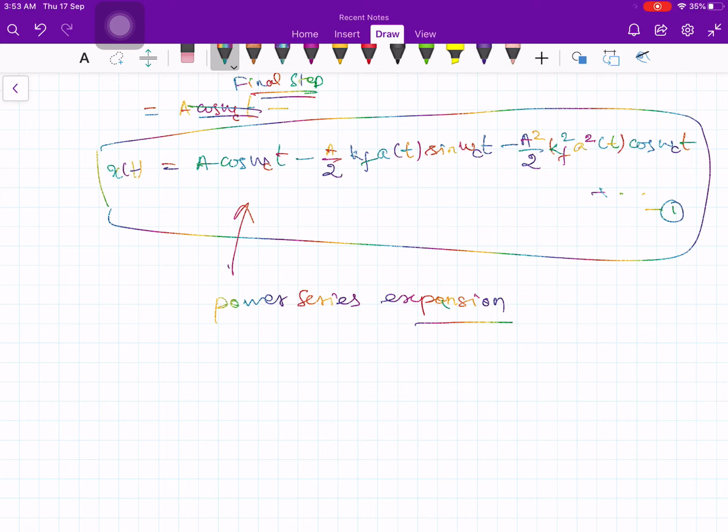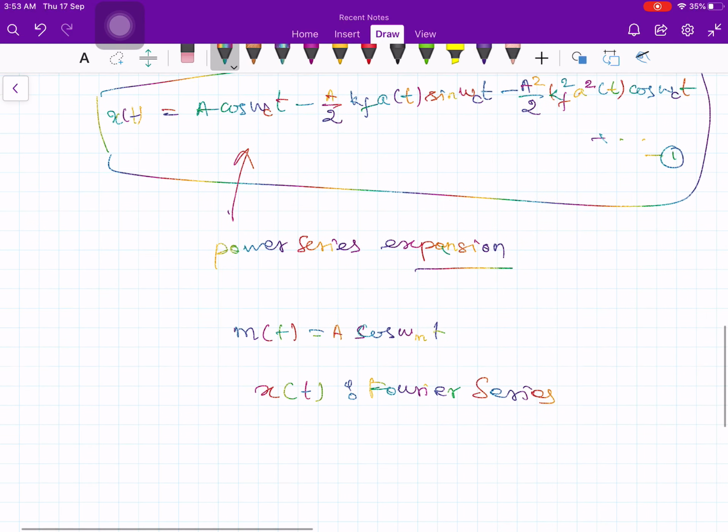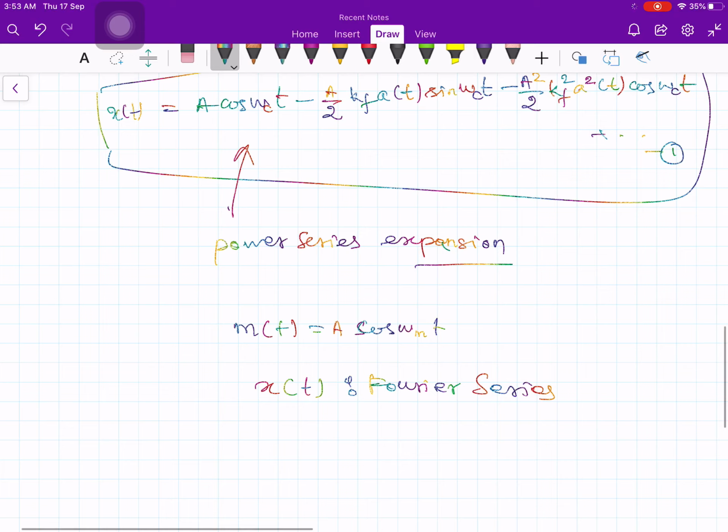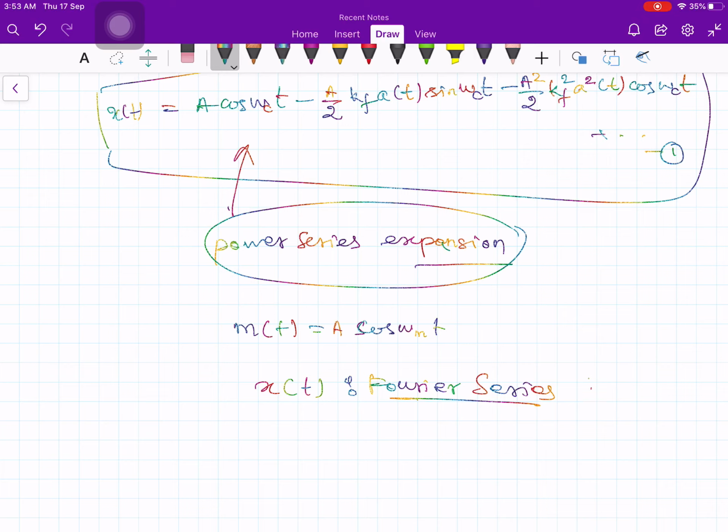Okay, so earlier also we obtained a series expansion, but there are major differences in these two series expansions. When m of t is a pure sinusoidal signal, then the expansion is in terms of Fourier series, and here it is in terms of power series.